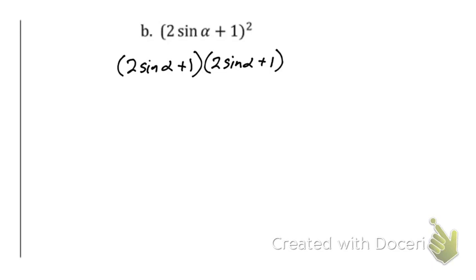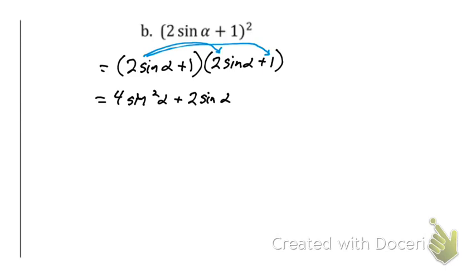Now you can either FOIL this, first outside, inside, last kind of thing, but however you want to do it, we need to get these distributed. What I do a lot of times is I take this and I multiply it by both of these, which would give me a 4 sine squared alpha plus 2 sine alpha.